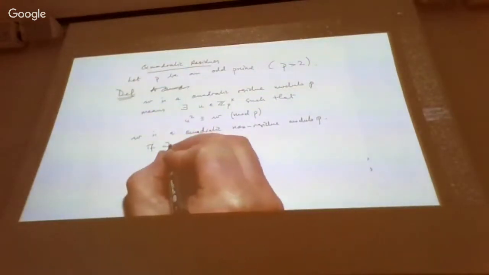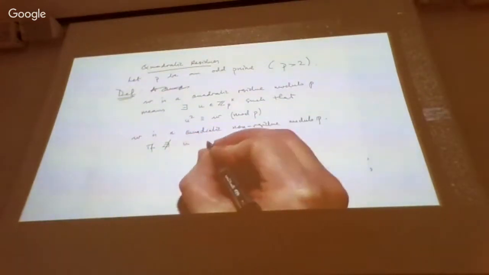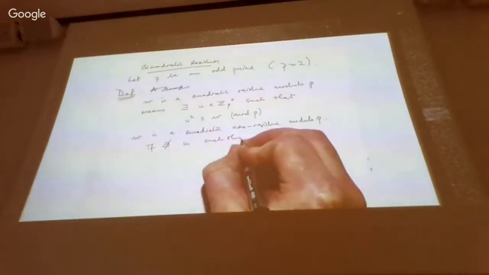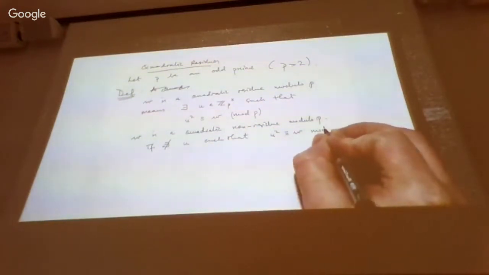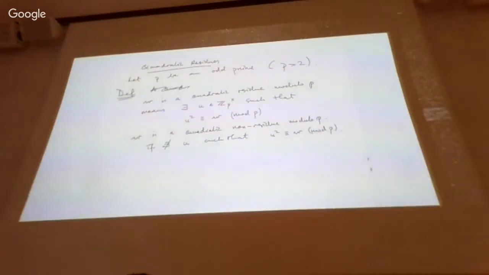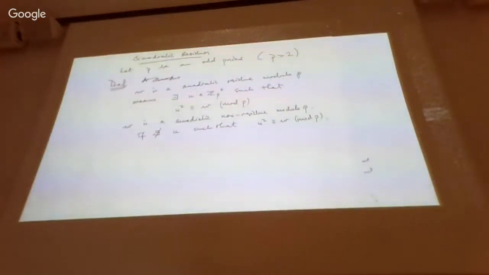This is if there does not exist any u such that u squared is congruent to w modulo p. So if there is a u such that u squared is w, w is called a quadratic residue, and if that's not the case, then we call it a quadratic non-residue.